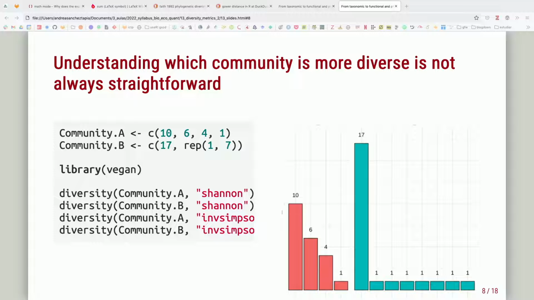And I would like you to tell me the richness, of course.